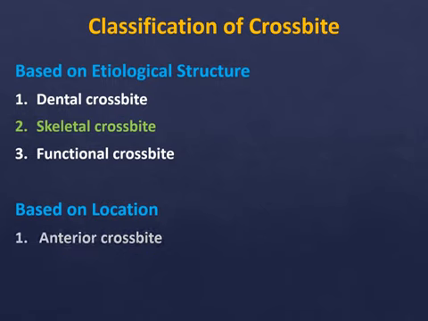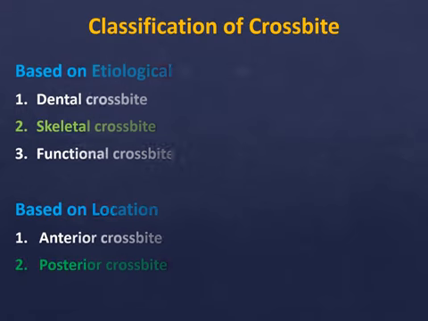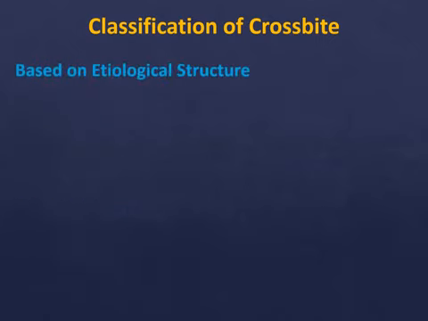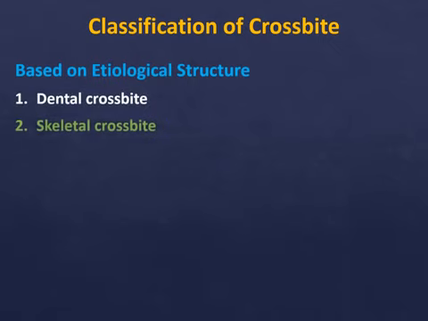While based on the location, crossbite could be anterior or posterior crossbite. So according to the etiological structure, we have dental crossbite, skeletal crossbite, and functional crossbite.